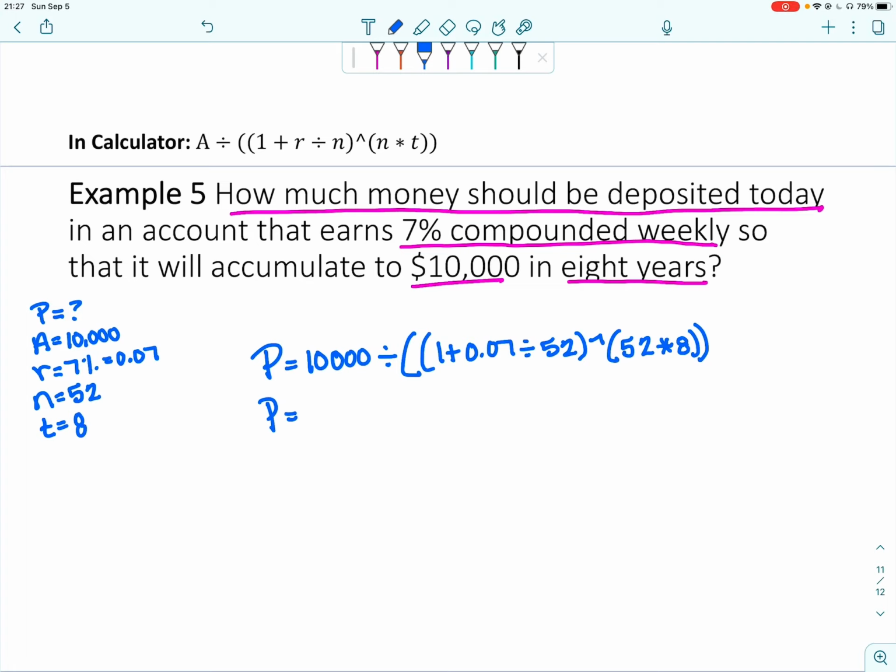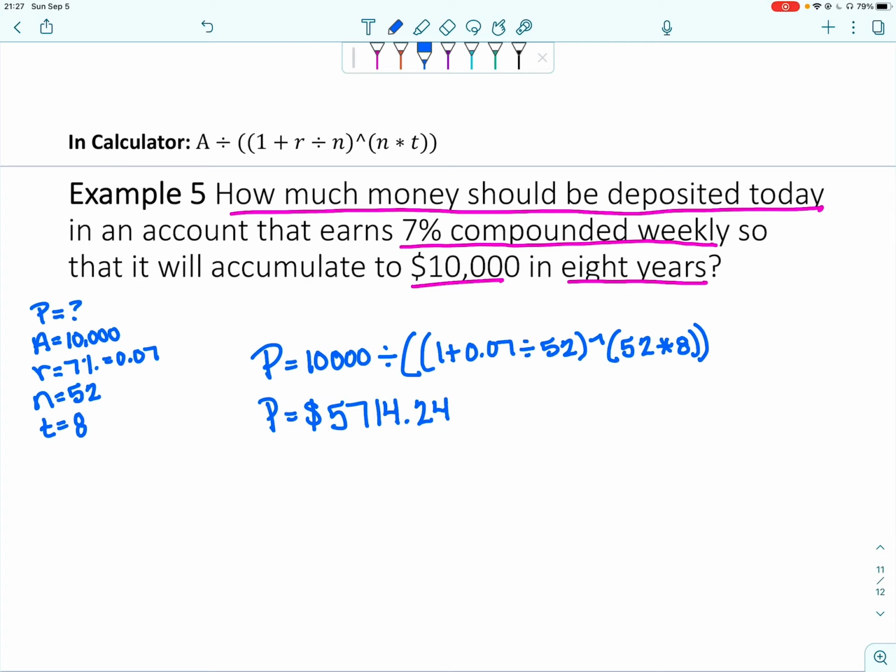Just type it in exactly as it's written. So you would need to deposit $5,714.24 into that account today in order to have $10,000 for your vacation in 8 years.